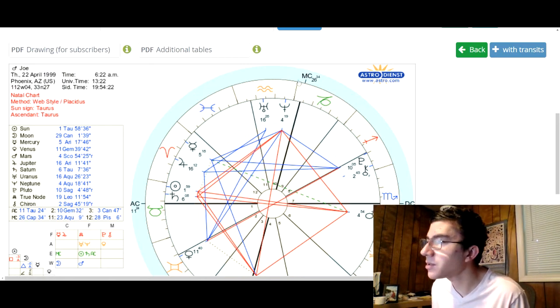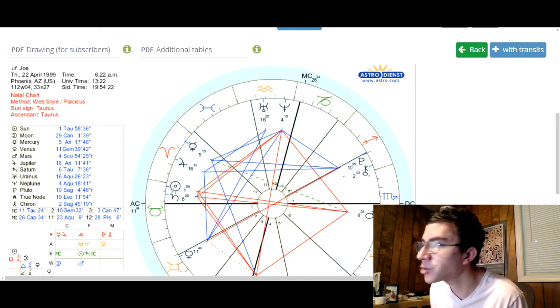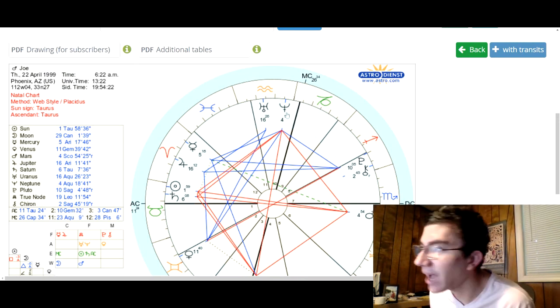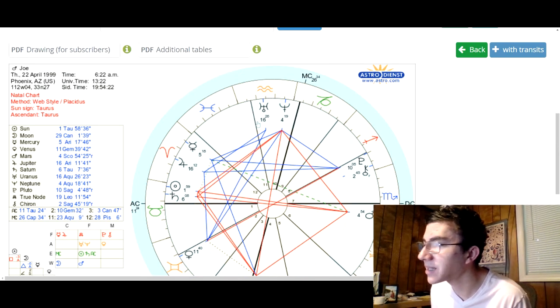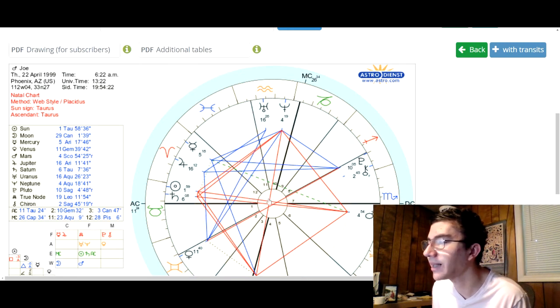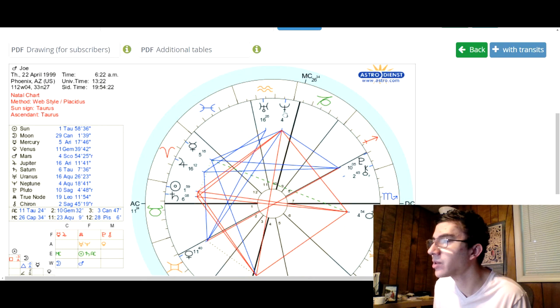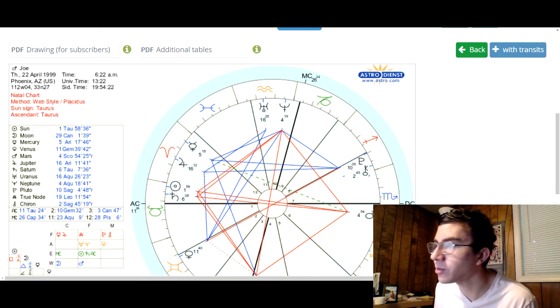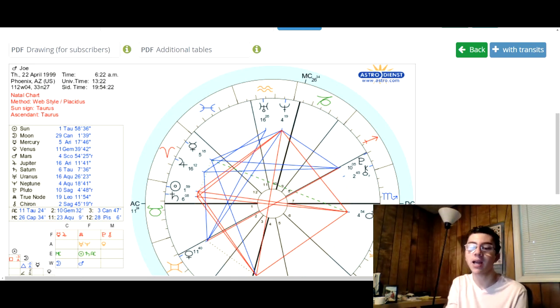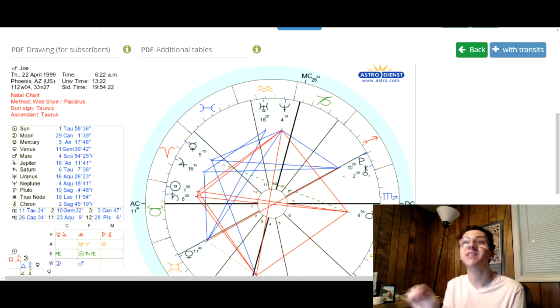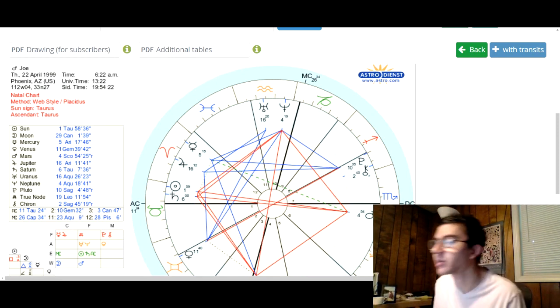To identify a square, we have the sun in Taurus and then Neptune in Aquarius. If we look here, we can see the 90-degree angle. Here's the sun. We follow this line and go up here, and then we see the glyph of Neptune here in Aquarius. Those are two fixed signs that are not opposite each other, and they're not the same sign, so they would square each other.